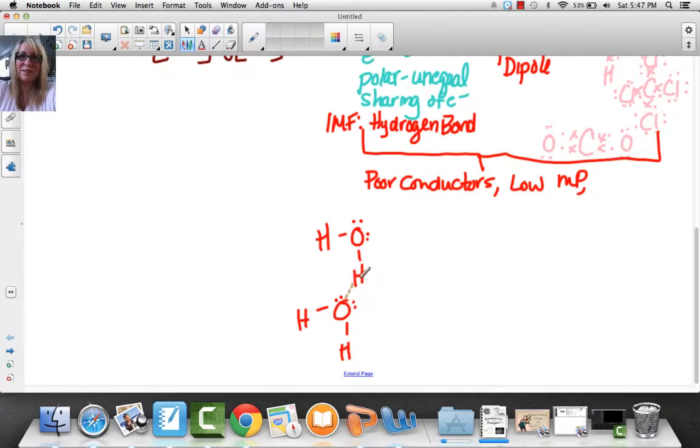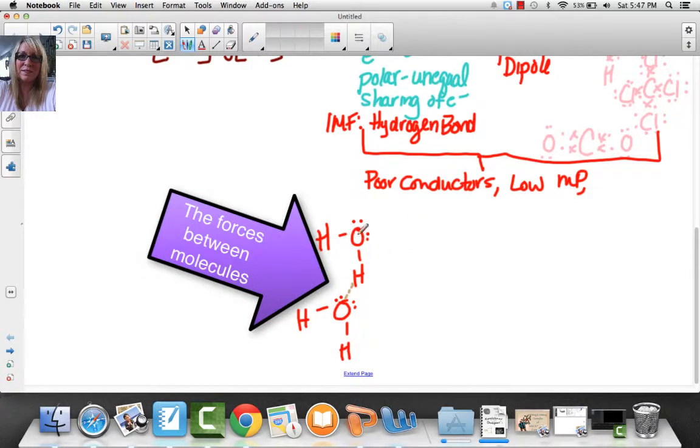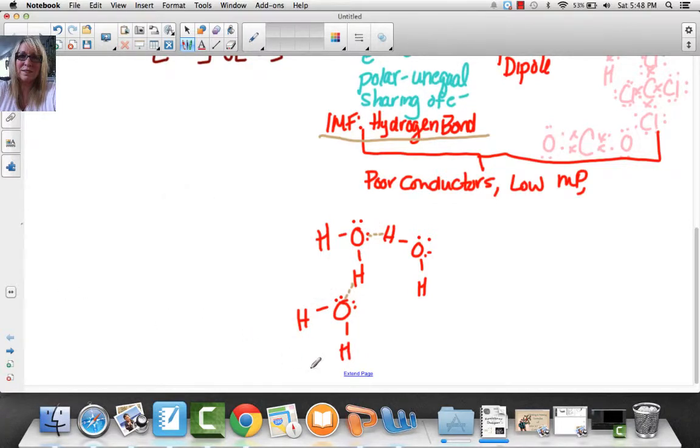So when the H of one molecule is attracted to the O of another, that's what we're talking about when we talk about the intermolecular forces, the hydrogen bonds. And I could have another one over here. Those are my hydrogen bonds, those intermolecular forces between the molecules.